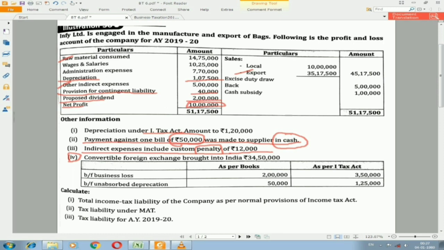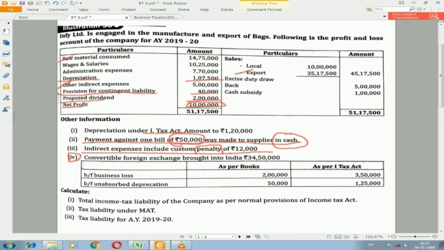Excise duty will come under indirect taxes. All indirect taxes will be business expenditure. But here in the illustration, they have given excise duty drawback. Whatever excise duty they have paid, that duty they are getting as a refund. So if they are paying tax, then it will be business. If they are getting it as a refund, then it will also be business. Then we have cash subsidy.